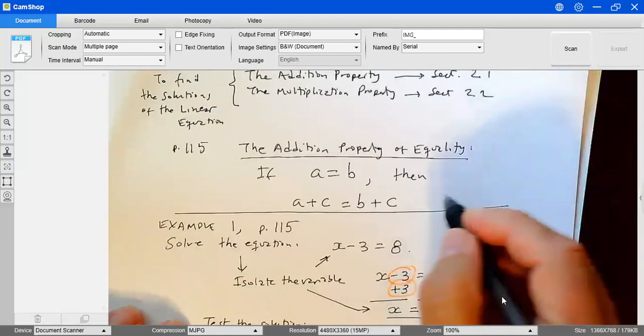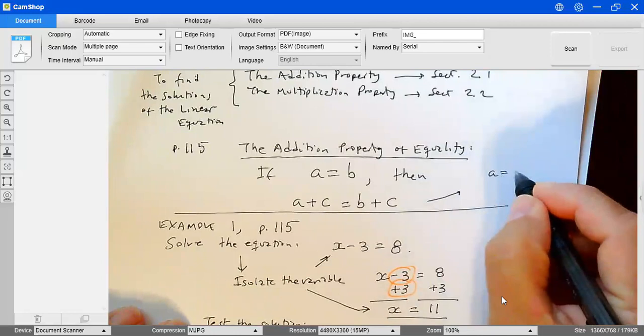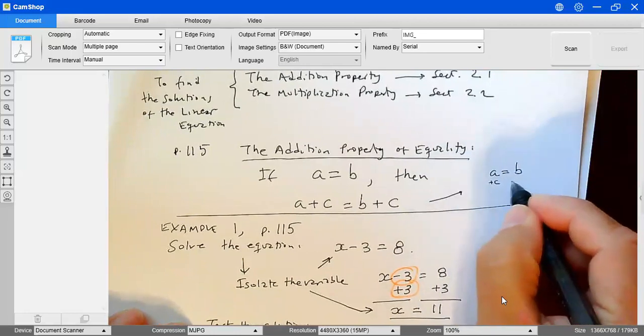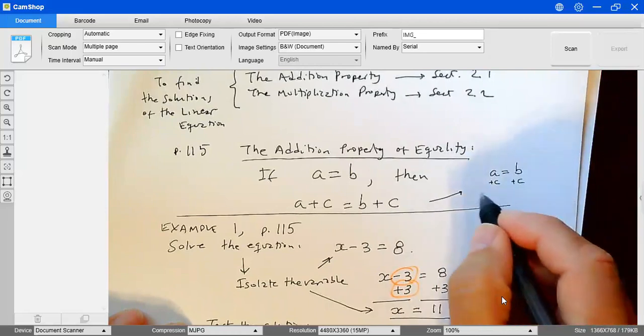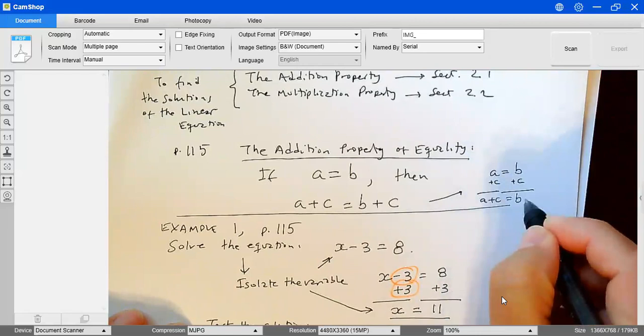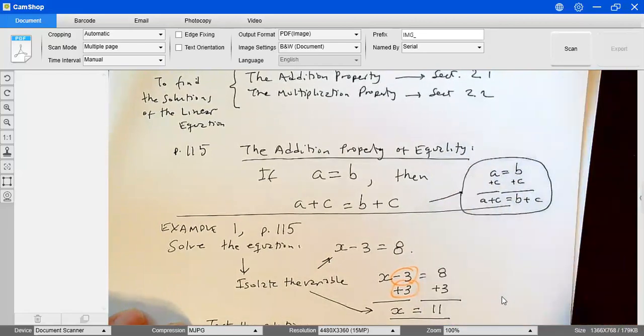When you have a equals b, you can add c to the left-hand side, you can add c to the right-hand side, and then you're gonna get a plus c equals b plus c. So this is the actual way that we use the addition property of equality.